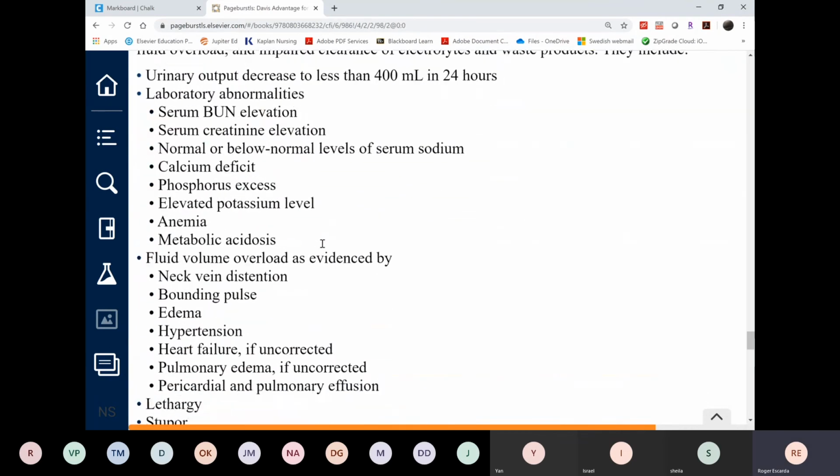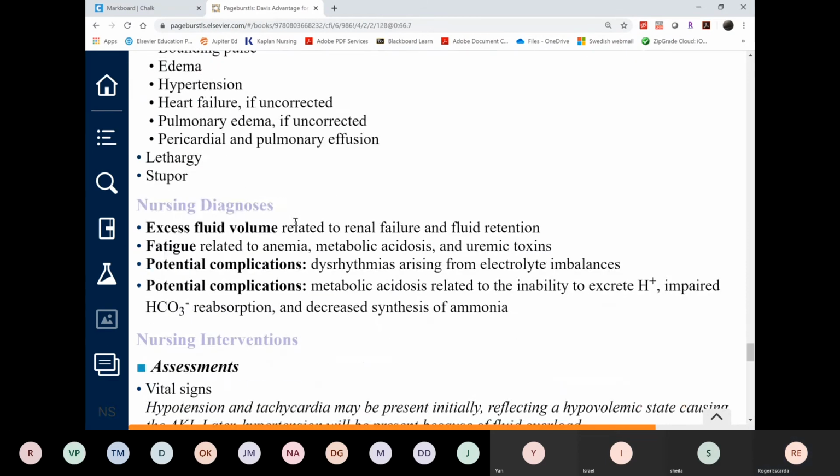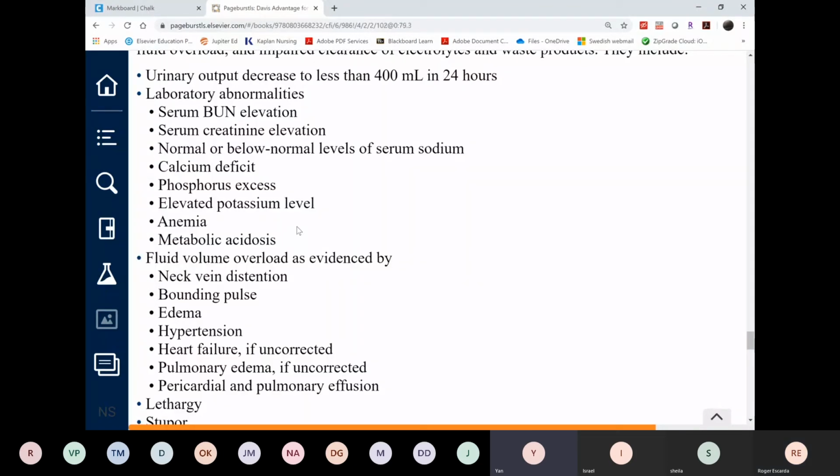Okay, so this is a summary. But again, be careful about the phases because the signs and symptoms differ between the diuretic and the oliguric phases. But how exactly do you differentiate in terms of the lab work? You tend to have higher levels of potassium during the oliguric phase because your kidneys can't eliminate it because you have oliguria.